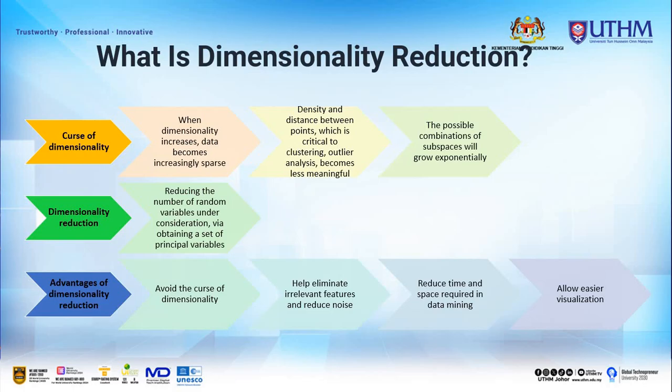Okay, so how to reduce? The reduction involves reducing the number of random variables under consideration, and it achieves this by obtaining a set of principal variables that capture the essential information from the original data set. This process simplifies the data while retaining its core characteristics.